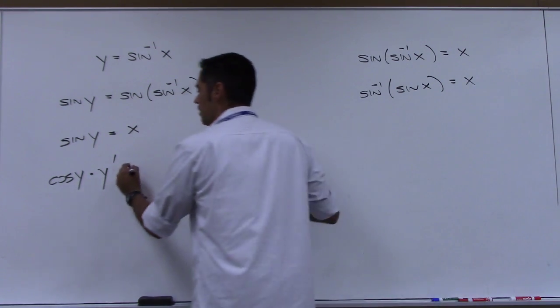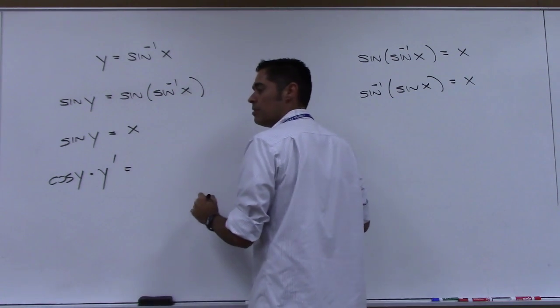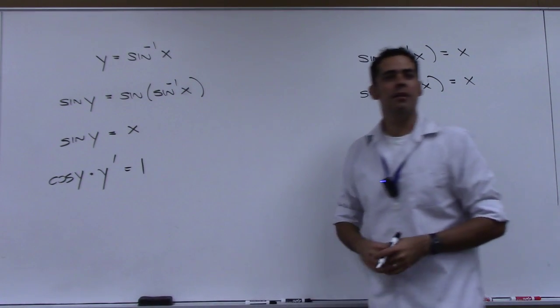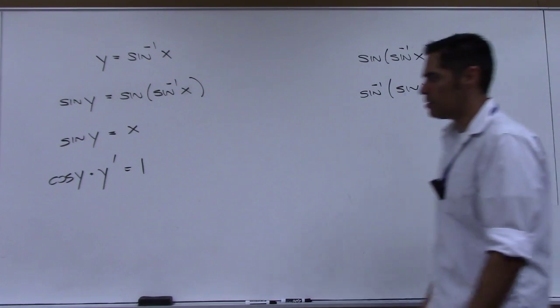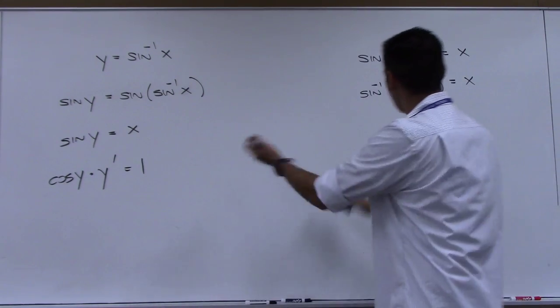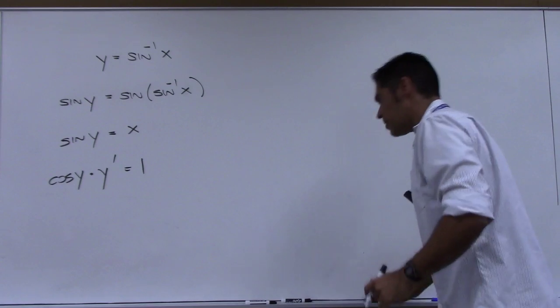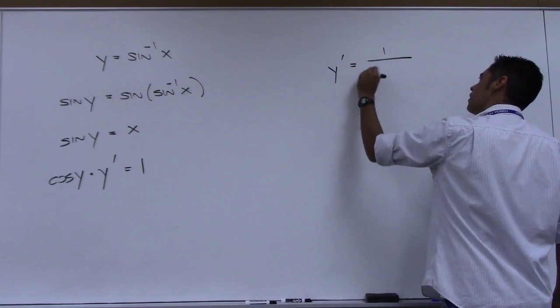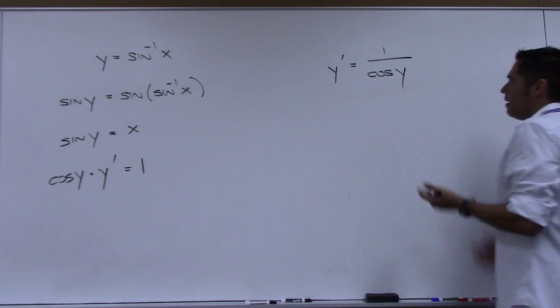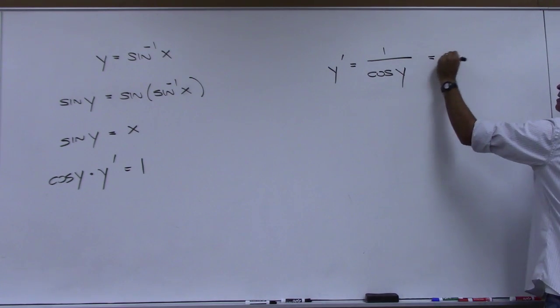On the right side, this one's the easy one. The derivative of x is 1 with respect to x. What would the derivative of x be with respect to t? dx dt, but we're saying with respect to x, so that's why it's 1. Can you solve that for y prime? Absolutely. Y prime is equal to 1 over cosine y. And that's really just secant y.